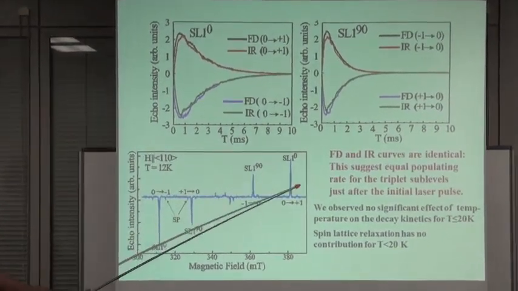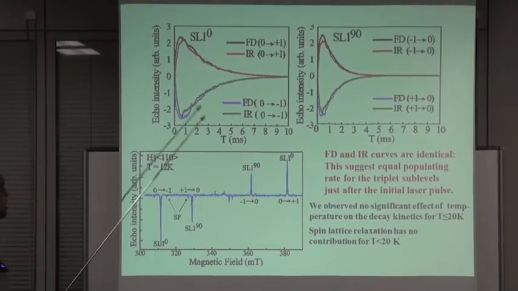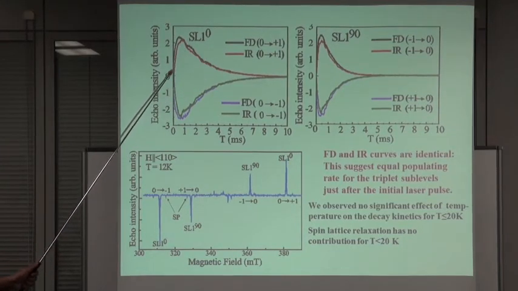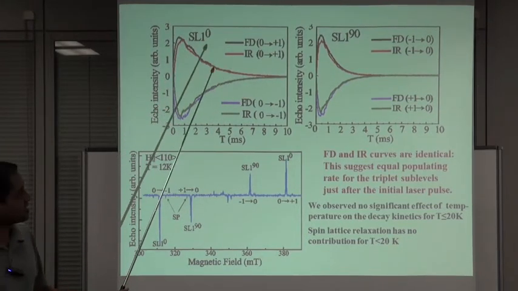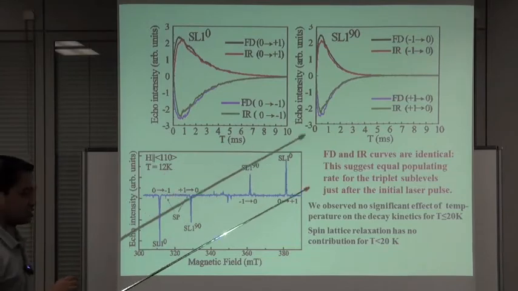I'm talking about these four lines, and I'm showing you the flash delay and the inversion recovery curves. You can see that they are more or less identical, which shows that just after the laser pulse, the populations in all the states are more or less equal. All three triplet states are more or less equal just after the laser pulse.